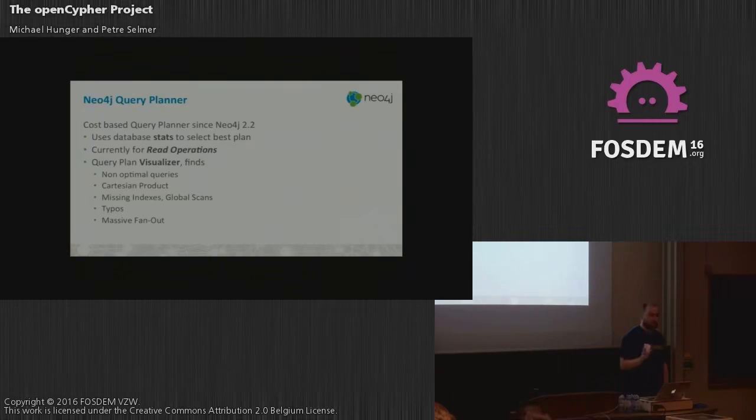It's kind of tricky to tune this cost-based stuff because oftentimes small changes have a big impact, and perhaps at some point you don't have to do it anymore if I trust Frank. No. Yeah, so currently in 2.2 it's used for read operations, and in 3.0 it will also be used for write operations.